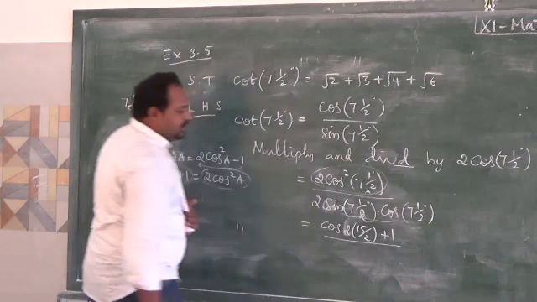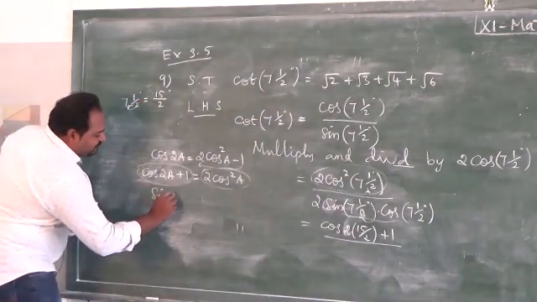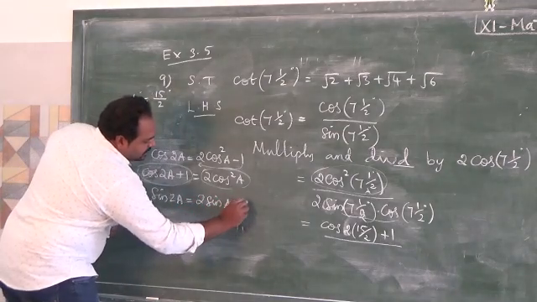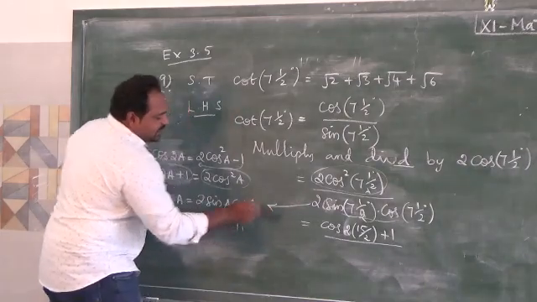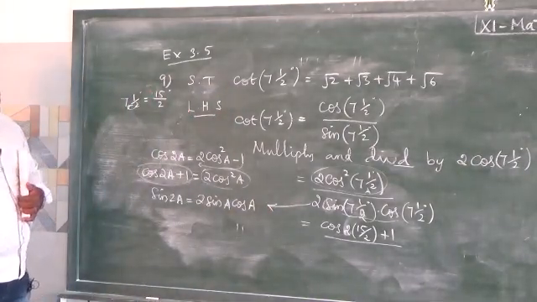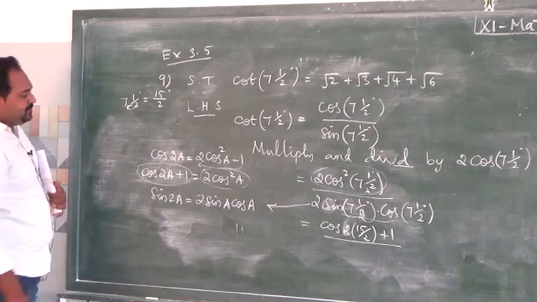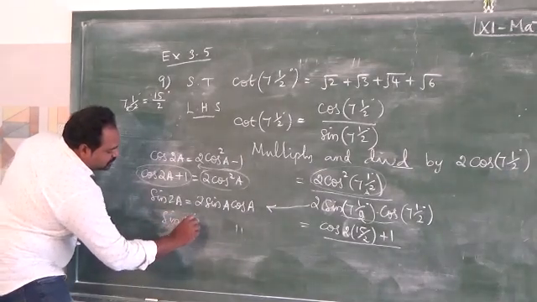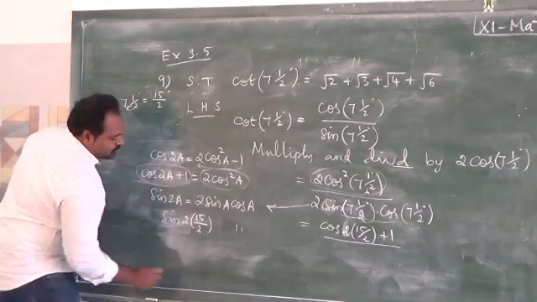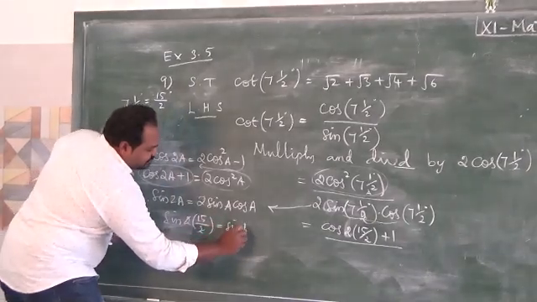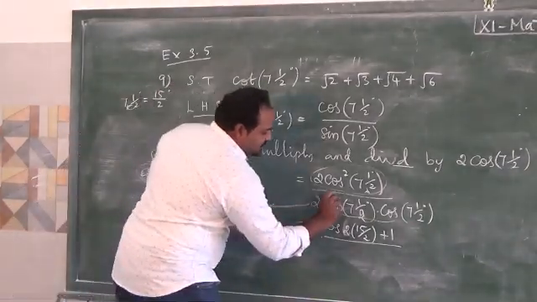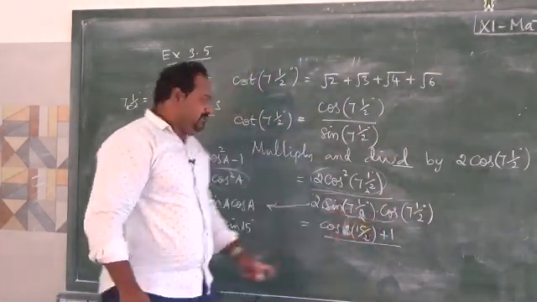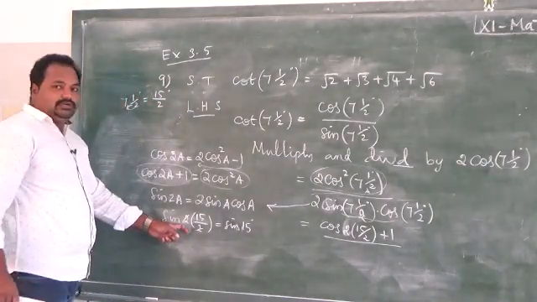As soon as you see this denominator, you have to remember the sin 2a formula. Sin 2a formula is 2 sin a cos a. So here, instead of 2 sin 7.5 degree into cos 7.5 degree, I can write sin 2 into 15 by 2.